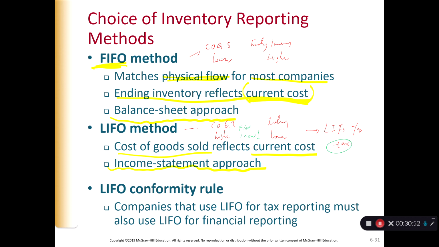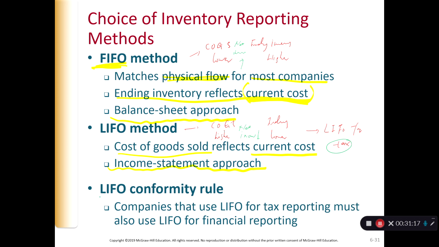However, with the FIFO method, because your expense, the cost of goods sold, is lower, your net income is going to be high. Hence you cannot save tax. However, you have higher performance, higher profitability, right? So if people care more about tax, they will more likely choose LIFO. If people care about profitability, they will choose FIFO.